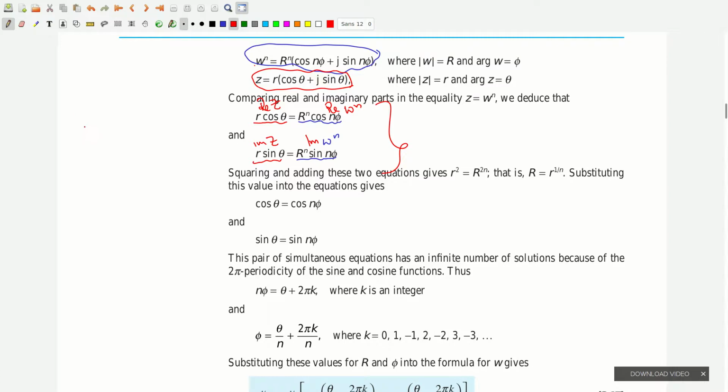If you square both and add, what you have is r squared cos squared theta plus r squared sine squared theta. We can pull out r squared because it is common here: r squared times cos squared theta plus sine squared theta equals R to the 2n.